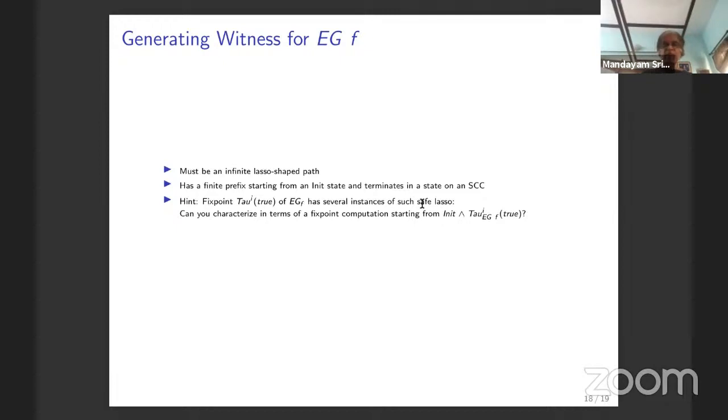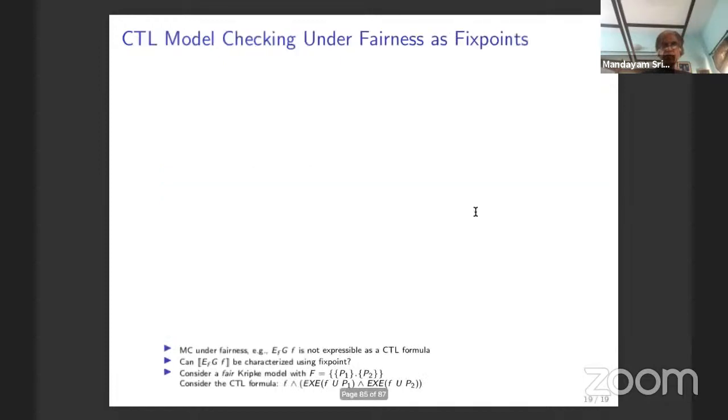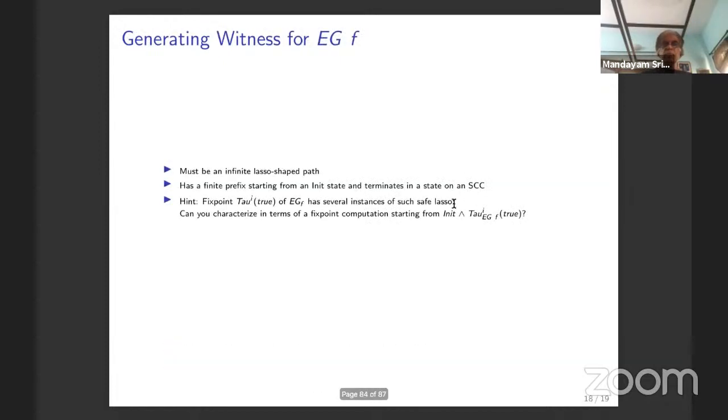The question that I'm raising is, given the fixed point or additional information that you generate during your iteration, how you could generate this path, okay, this infinite path.